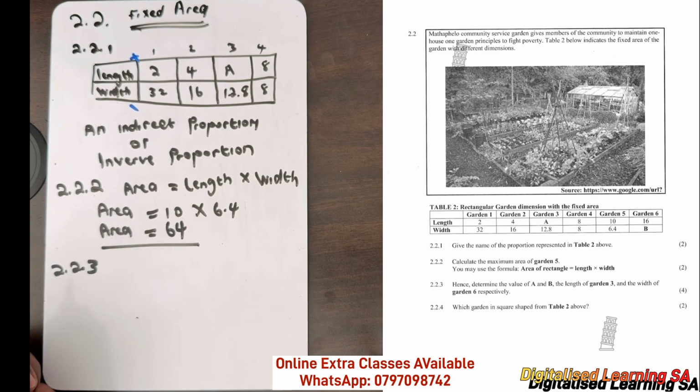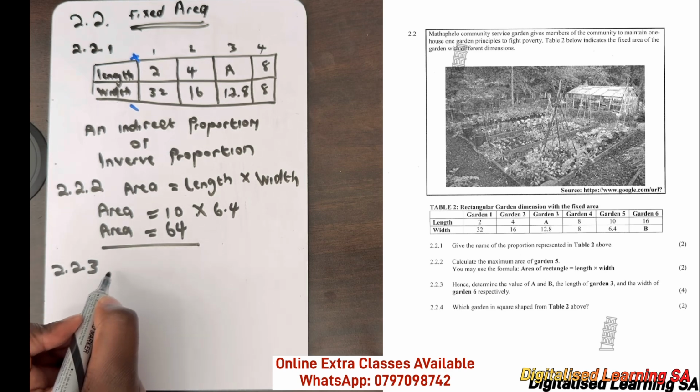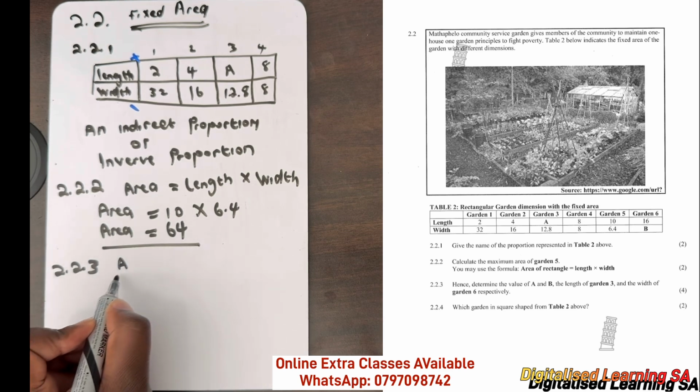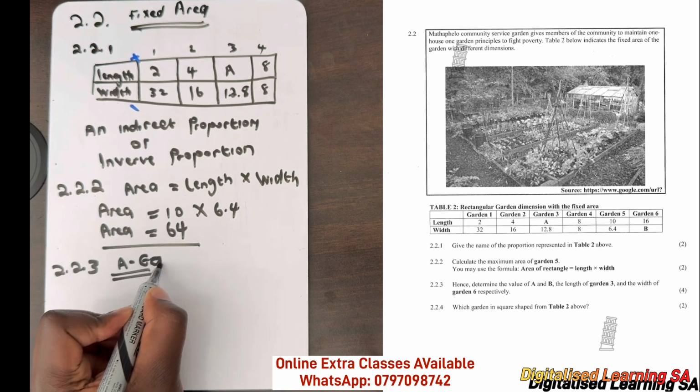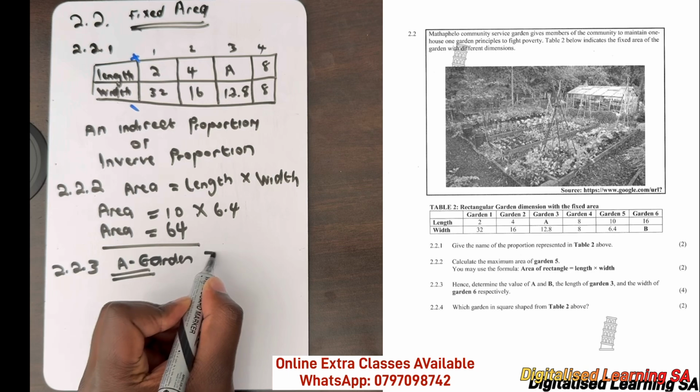Now let's move to question 2.2.3. It says, hence determine the value of A and B, the length of garden 3 and the width of garden 6. We'll start with A, for garden 3.